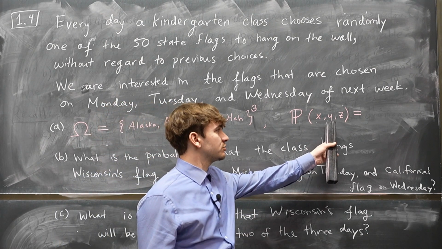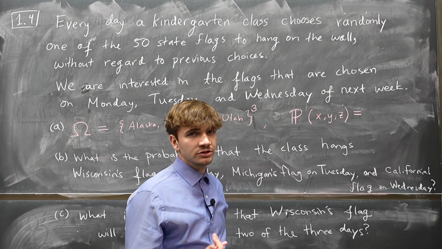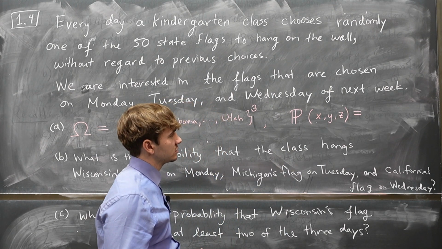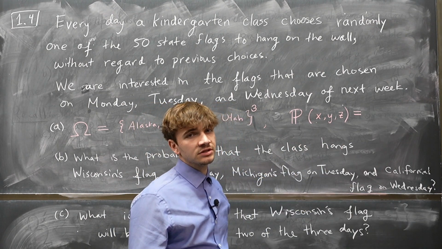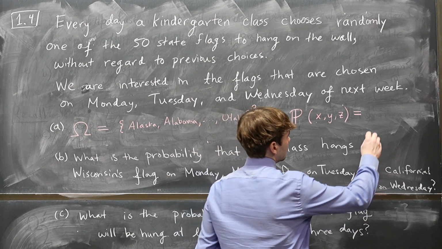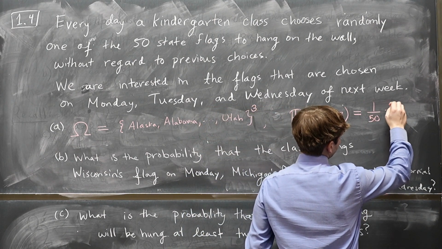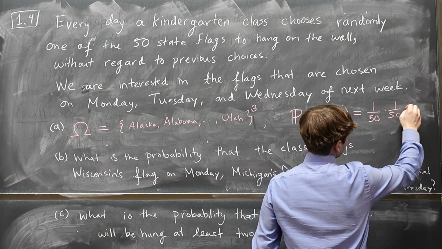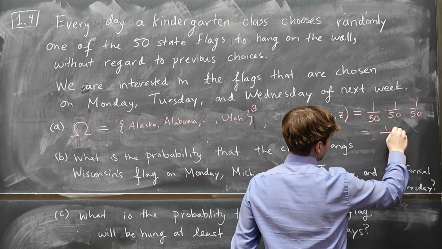And then the probability of choosing flag y on Tuesday should be 1 over 50. And the same probability for choosing z on Wednesday. So the probability that I actually made all three of those choices is simply the product, 1 over 50 times 1 over 50 times 1 over 50, which is 1 over 50 cubed.